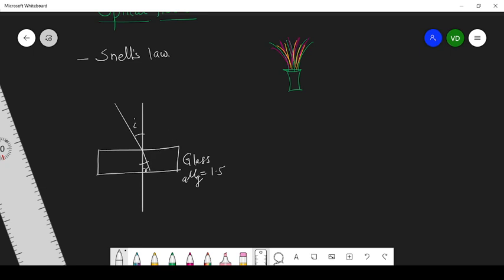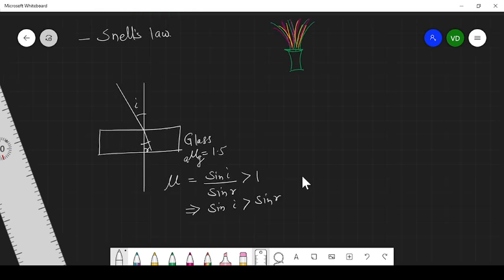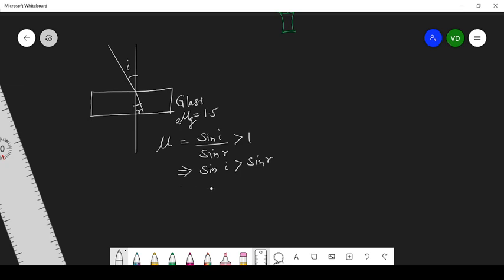So R is less than I, and we know the refractive index mu is equal to sin I divided by sin R. And since mu is greater than 1, here it is 1.5, obviously this gives that sin I is greater than sin R, and therefore I is greater than R. That is quite easy to prove.